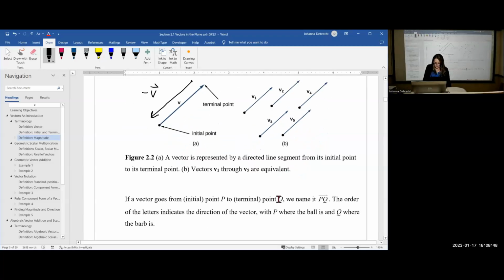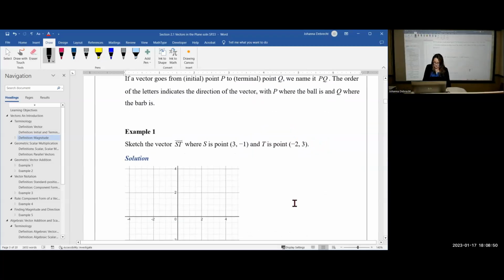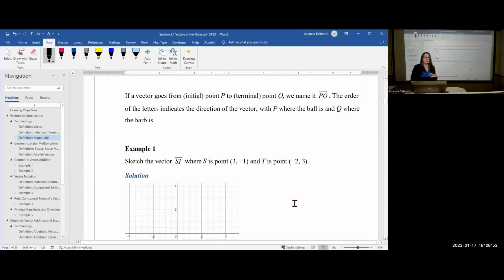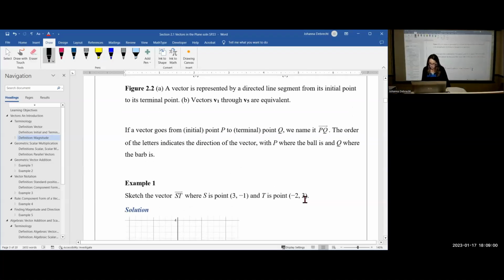Now, the next thing we want to look at here is another way of naming a particular vector. And this one is using endpoints, like from P to Q. So let's say that we have P here and we have Q here.